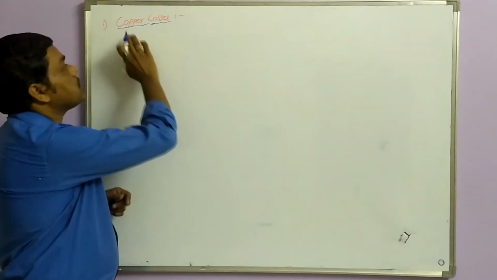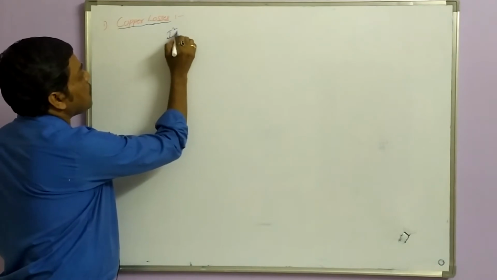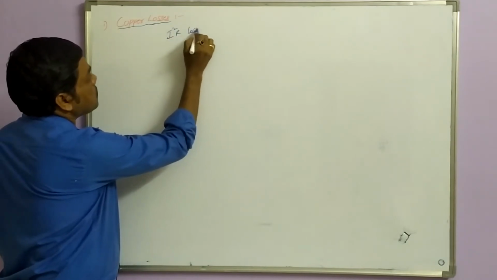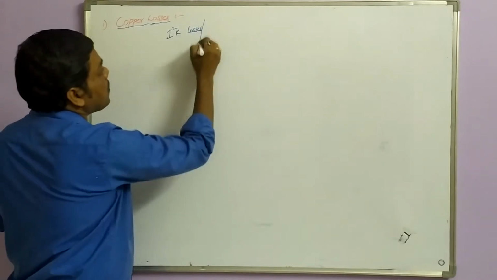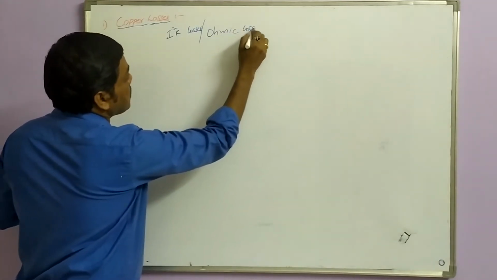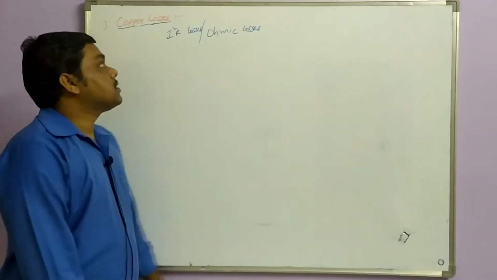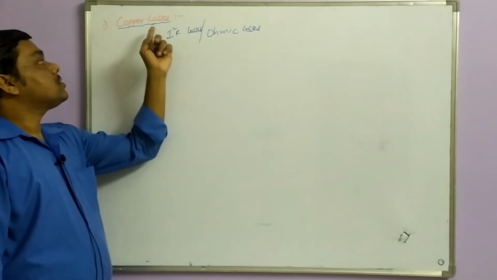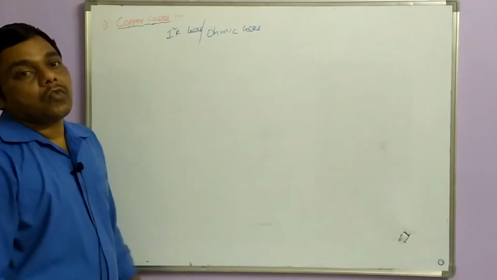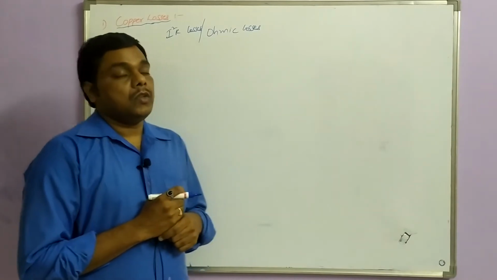Copper losses are also called I square R losses and also called ohmic losses, since the losses depend upon the current flowing through the conductor and resistance.